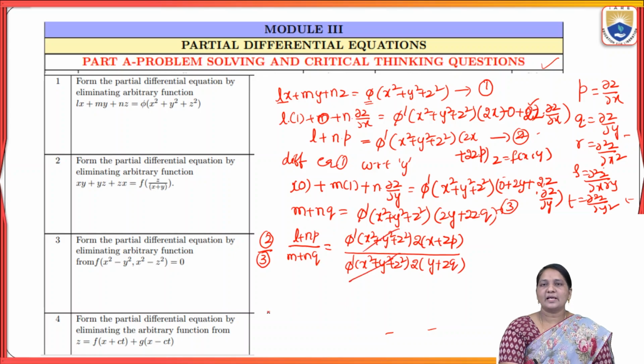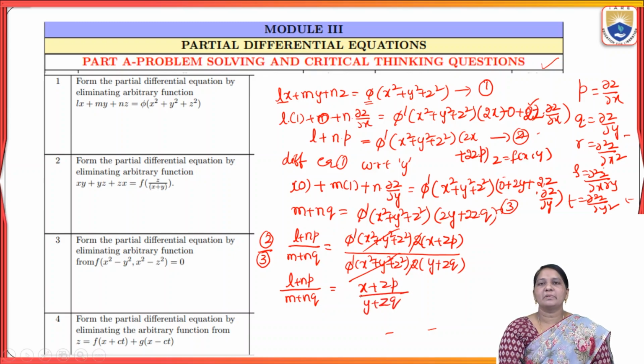So phi dash will be cancelled, and 2 will be cancelled. Finally, L plus np by m plus nq is equal to x plus zp by y plus zq.